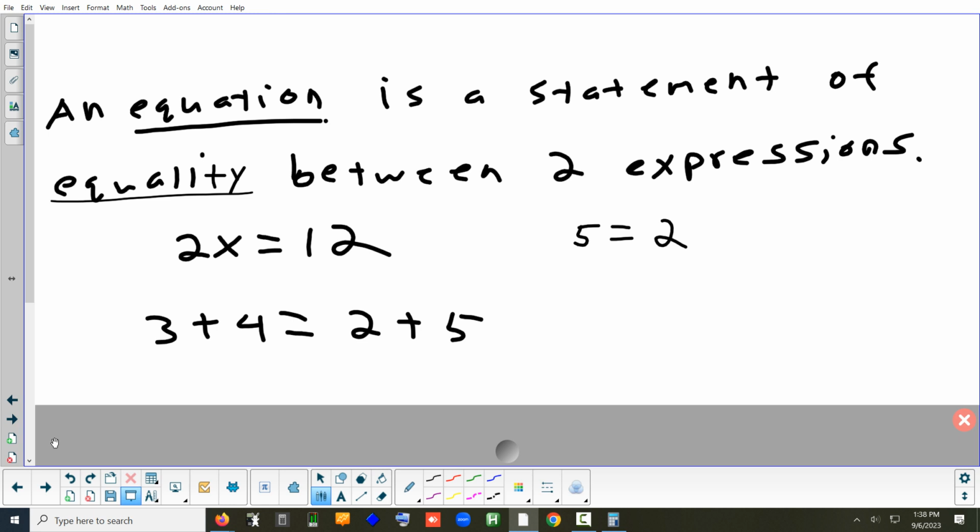These are all different examples of equations. Actually, 3 different types of equations right here. Let's start looking at the one in the upper right. 5 equals 2. Any thoughts about that one? 5 equals 2. Yeah. That's not true.